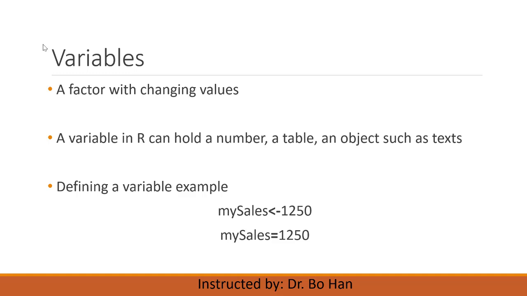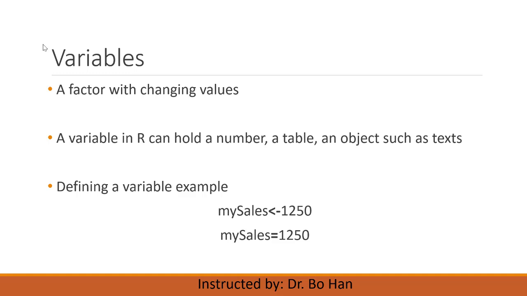As a convention, when you create a variable and then you want to give a value to the variable you just created, you want to choose the first way in priority. Then R language is able to understand. You just create a variable called my sales and then give the value 1,250 to my sales.